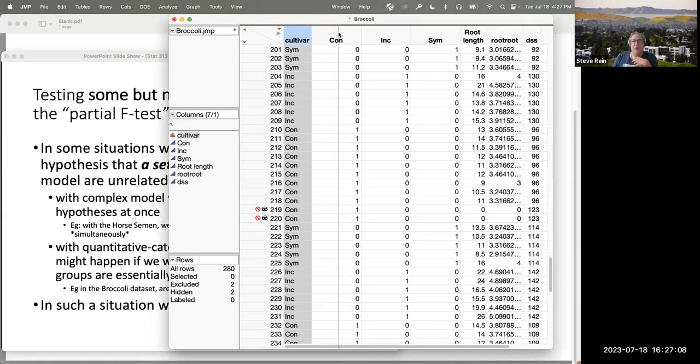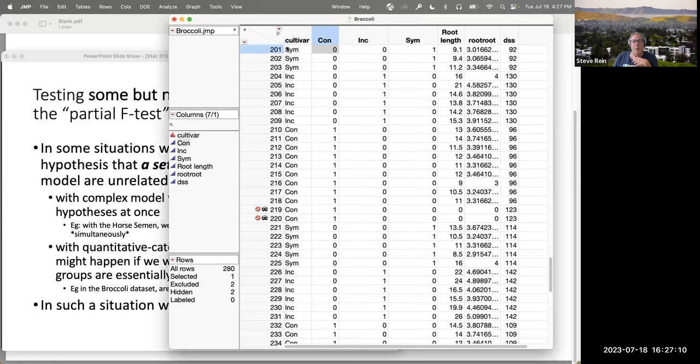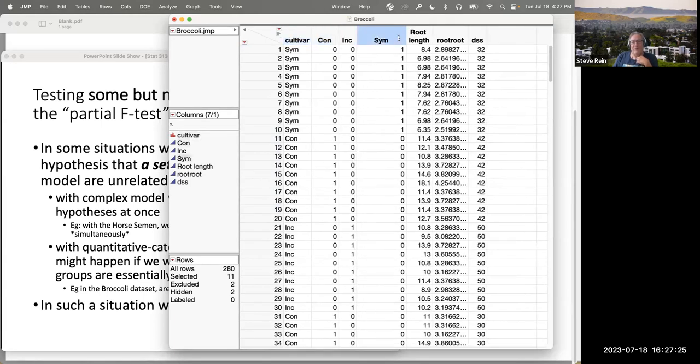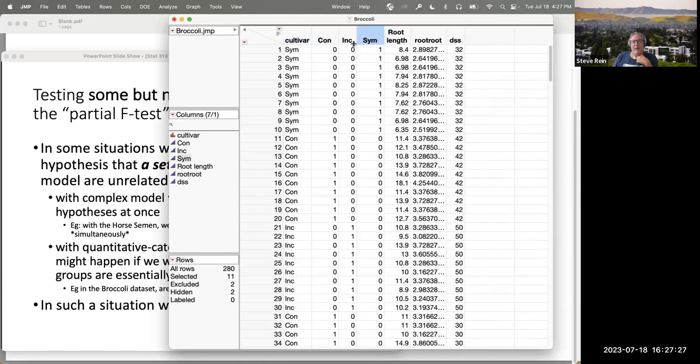You can see con takes a value of 0 if it's not a con. The con variable takes a value of 1 if it is one of these con broccolis. Inc is similarly, if we had an inc level of 1 in my inc variable, it is of the variety inc.